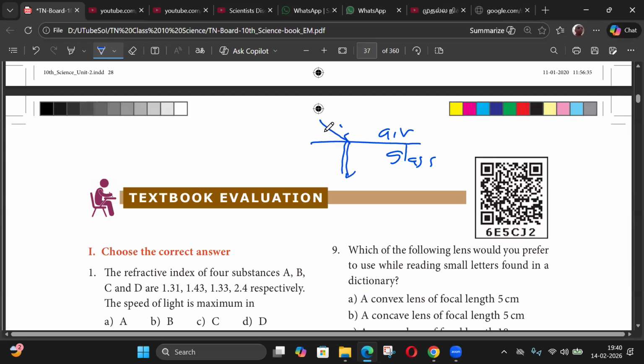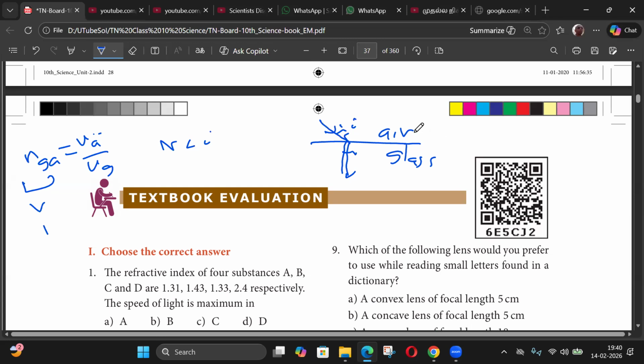So this is I, R. So R is less than I. And the refractive index of glass with respect to air is greater than 1. It's 1.5. It's the ratio of the two speeds, and speed in air is more. So it should be velocity in air by velocity in glass. So this should be greater than 1, right? So higher speed should come here.